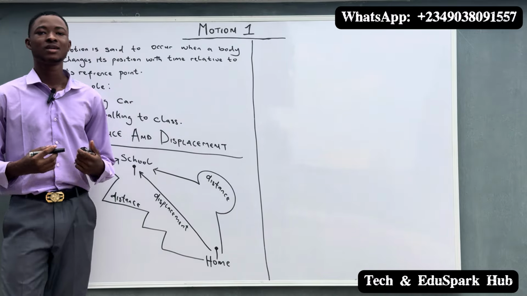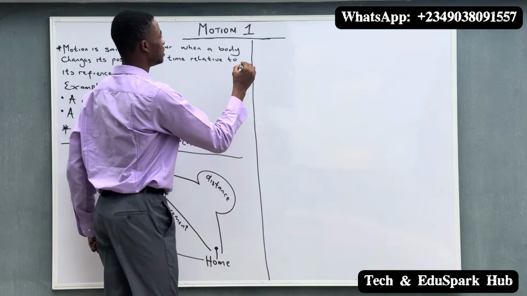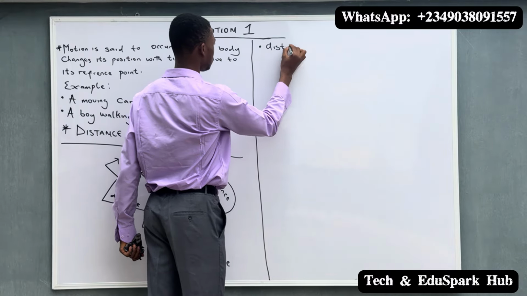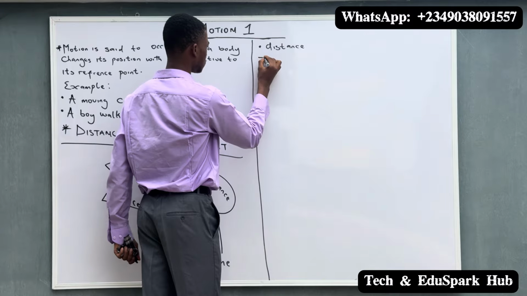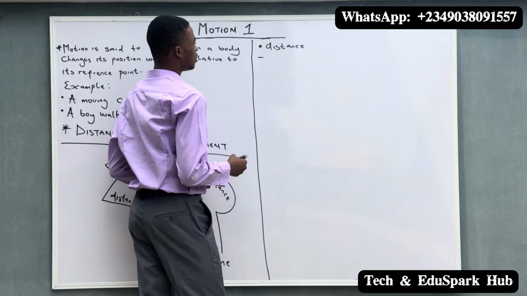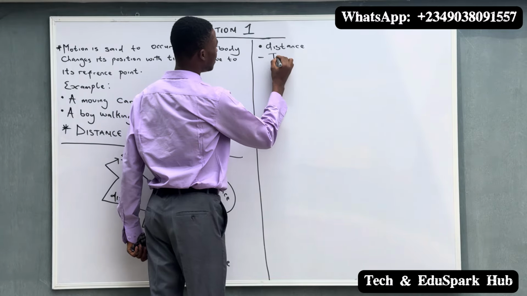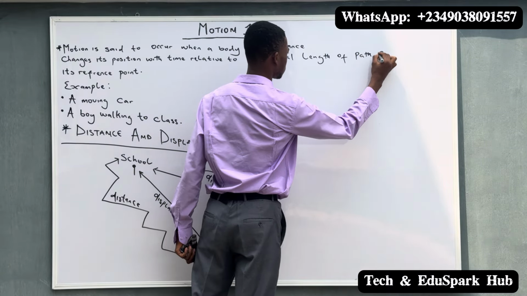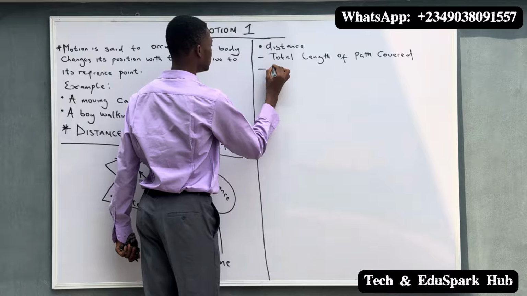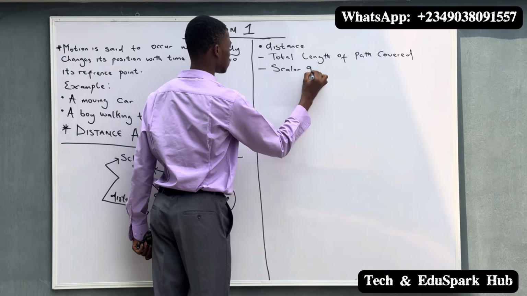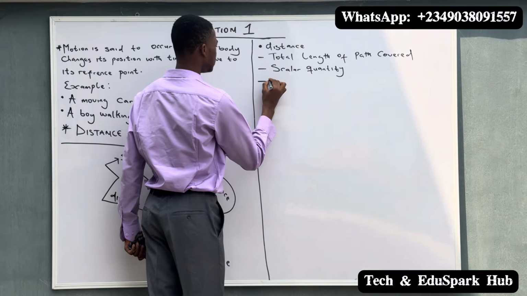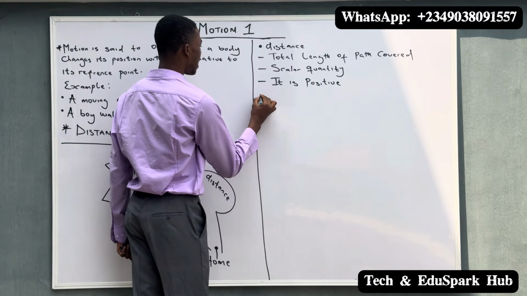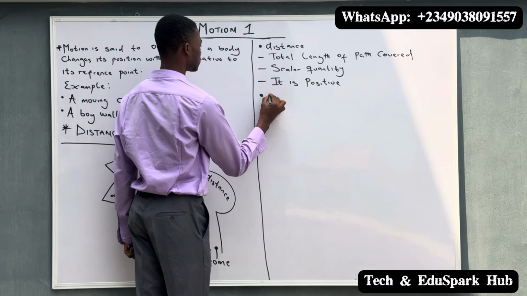So let's look at the key concepts. Let's look at distance first. Distance is the total length of path covered. Also, it is a scalar quantity. It is also positive. And we have displacement, on the other hand.